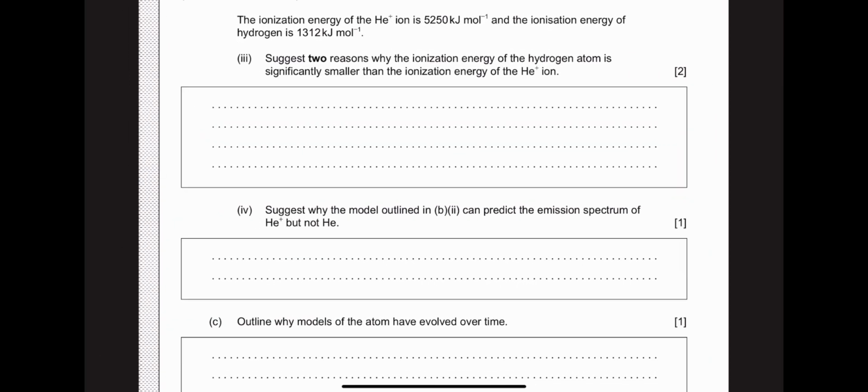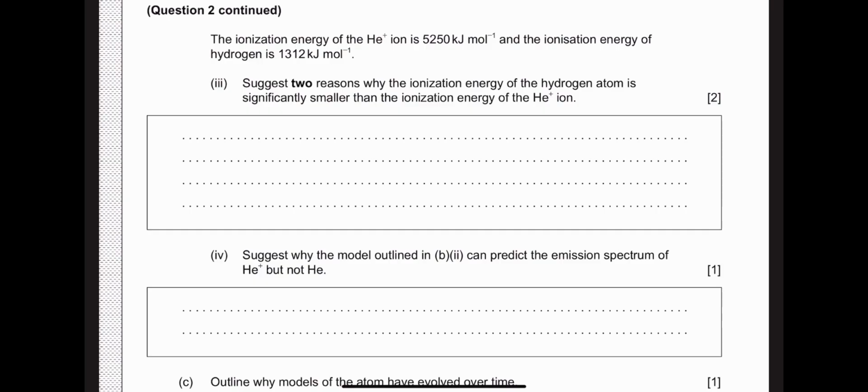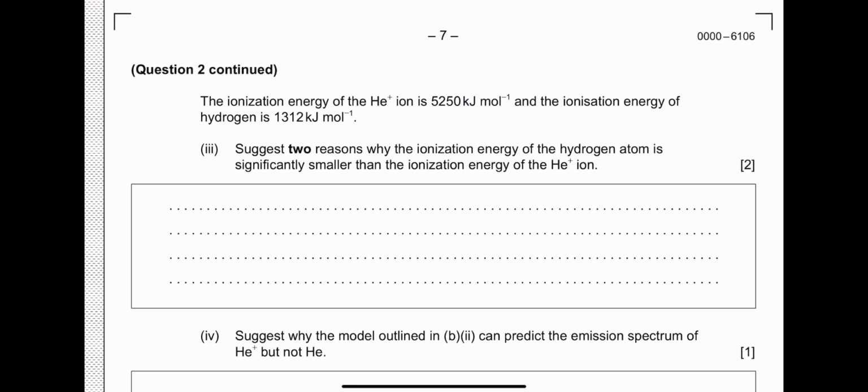Ionization energy of helium ion is 5250 kilojoules per mole, and the ionization energy of hydrogen is 1312 kilojoules per mole. So just two reasons: the ionization energy of the hydrogen atom is significantly smaller than the ionization energy of the helium ion. Oh, wow. So many things you can say here, just simple things.